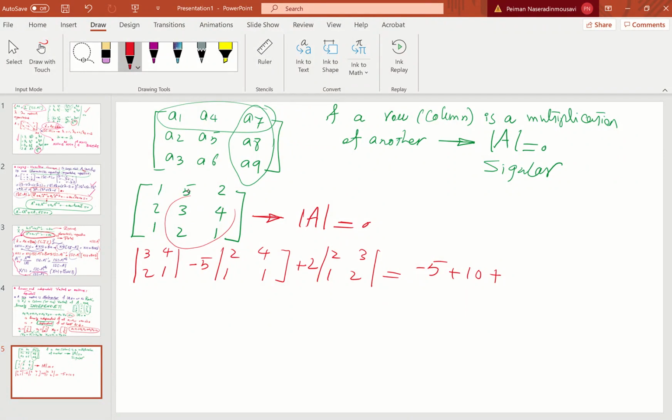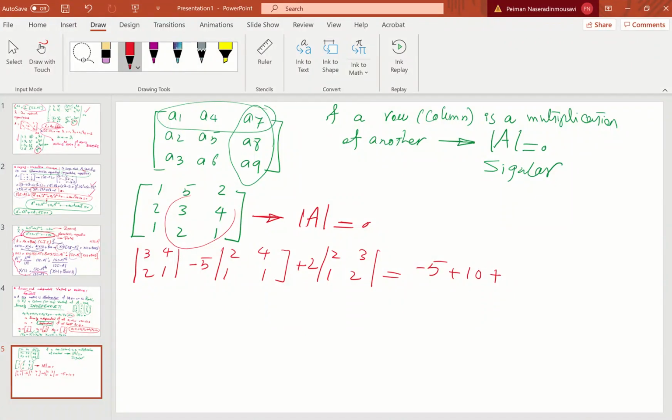3, 4, 1 minus 1, 2, 4, 1, 1, 2, 2, 3, 1, 2. So it's going to be 3 minus 8 minus 5, 2 minus 4 minus 2 plus 10, and 4 minus 3, 1 plus 2. Oh, what happened? Hold on.